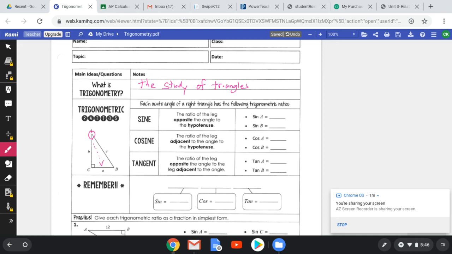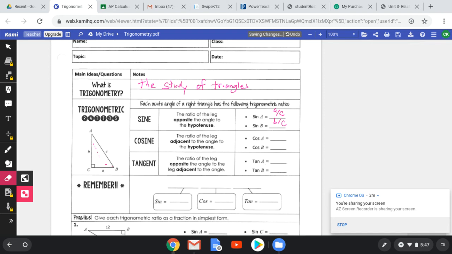So it's little a over, what's the hypotenuse? C. Now, what's sine of B? The ratio for sine of B is, if I take B and draw an arrow opposite to that, little b over C. So that is sine.